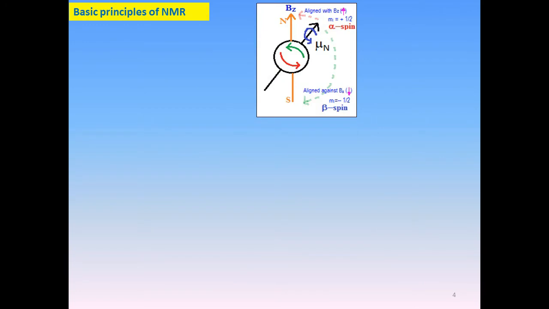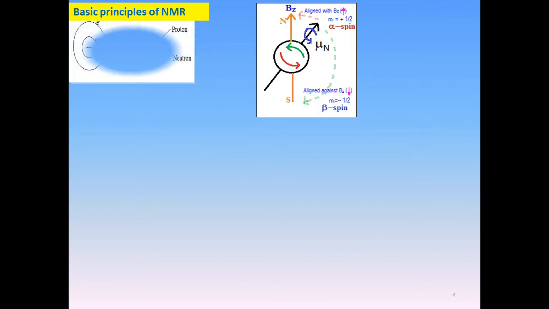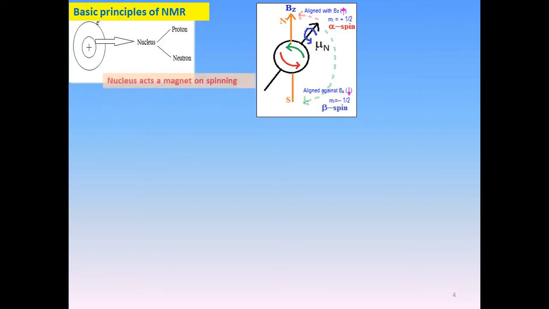So, the basic principles of NMR spectroscopy. When a charged particle spins, it develops a magnetic field. In this case the nucleus is taken, which contains protons and neutrons, which are charged particles. These on spinning will act as a magnet, as they develop a magnetic field, a dipolar nature.